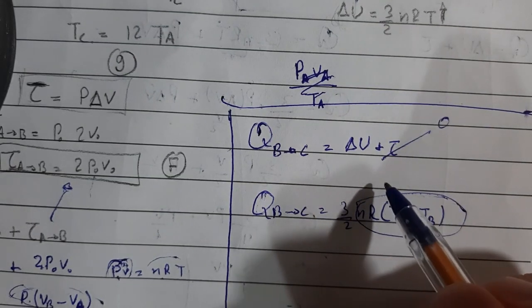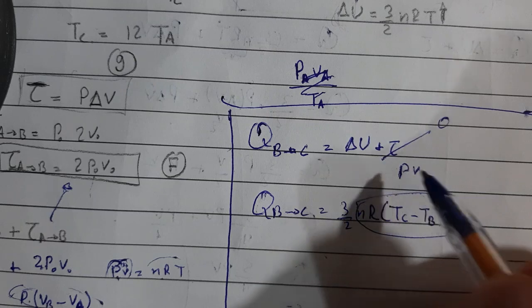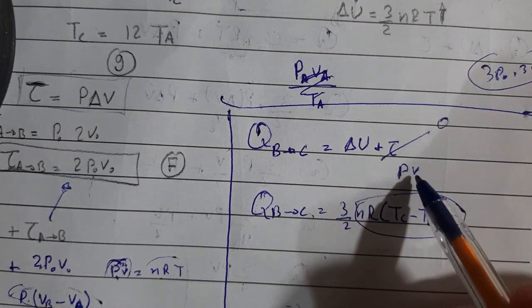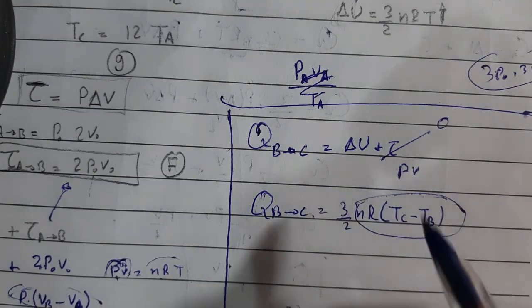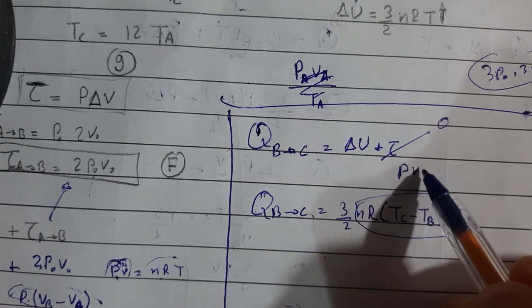We can't now use PV over here because the pressure is not constant. Well, you can use it but differently. You can't say the pressure is constant and do the variation of the volume.